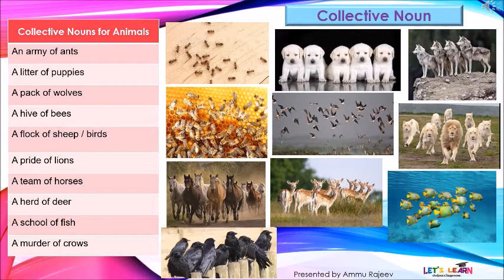An army of ants, a litter of puppies, a pack of wolves, a hive of bees, a flock of sheep or birds, a pride of lions, a team of horses, a herd of deer, a school of fish, a murder of crows. Each of these images is an example of its respective collective noun.